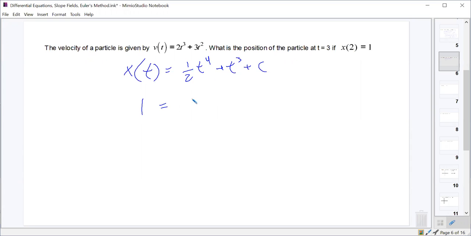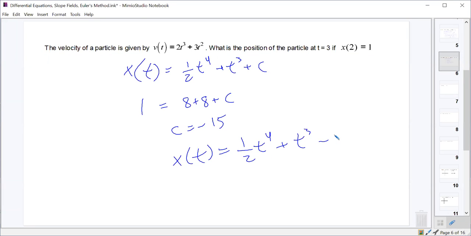So 2 to the 4th is 16 over 2 is 8, and we should get c equals negative 15. So our x of t function should be 1/2 t to the 4th plus t cubed minus 15. And x of 3 ought to be 81 halves plus 27 minus 15, or 105 halves.